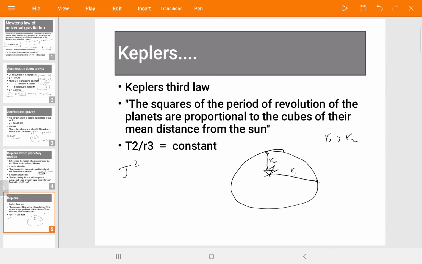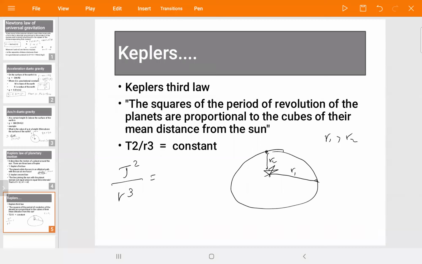For other planets, the period will vary. Divided by the mean distance cubed, then we get a constant value.